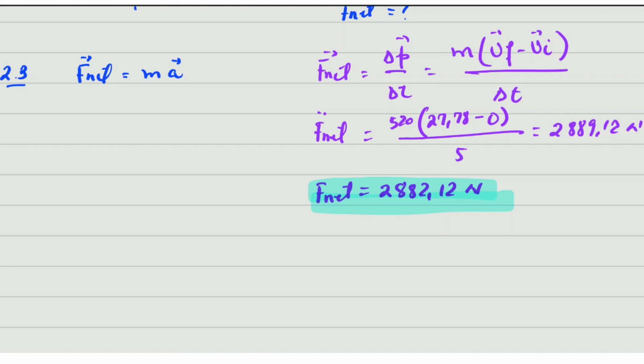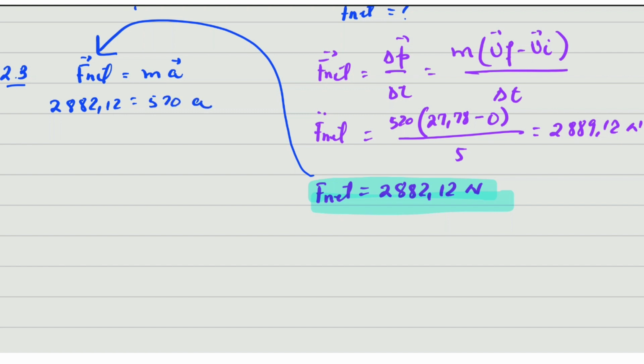You're looking for acceleration, and the net force was calculated in the previous question. So this is very, very simple. 2,889.12 is equal to the mass of 520 multiplied by acceleration.